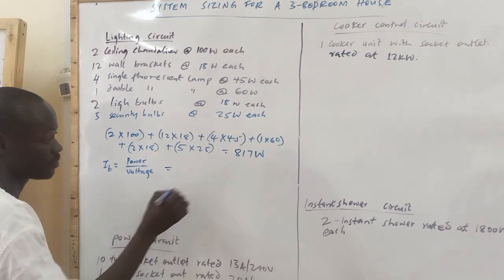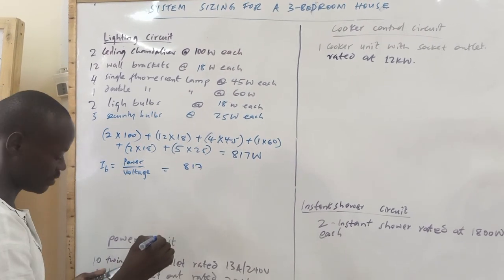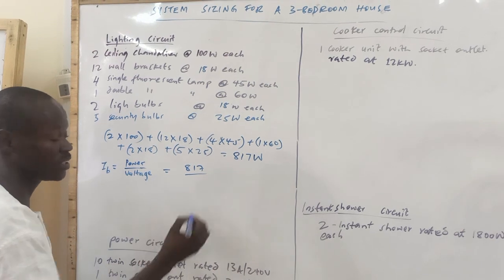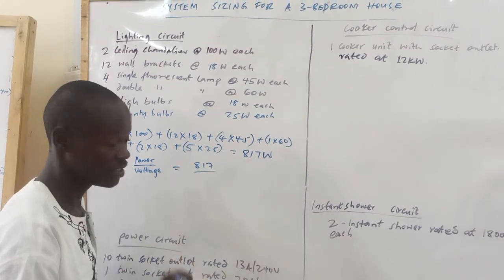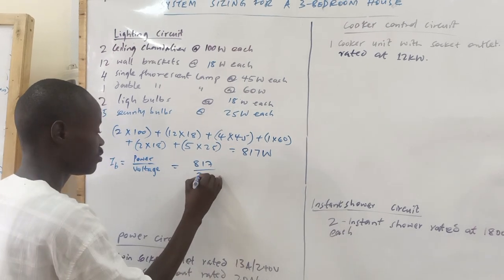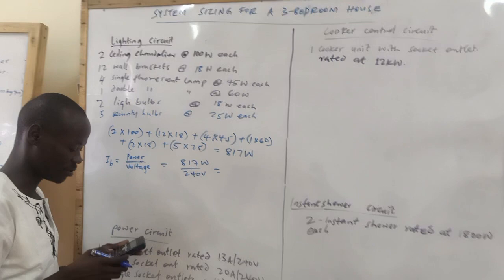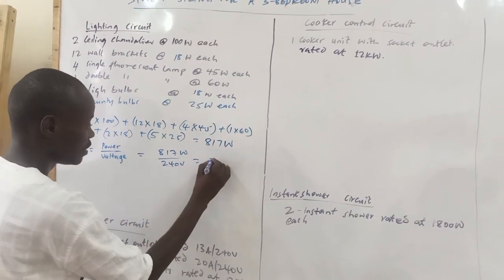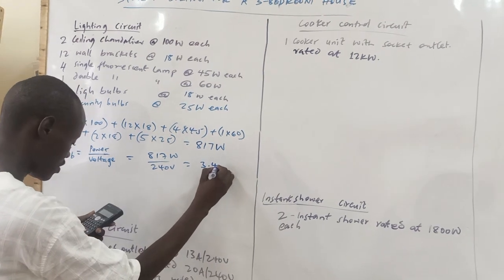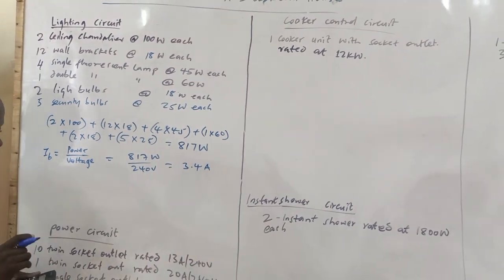So for this, I'll just say that will be 817 over phase voltage. In our country Kenya, the phase voltage is 240. In other countries it varies, so in this case we're going to use 240 volts. So my current in this case would be 3.4 amperes. So that's the design current.